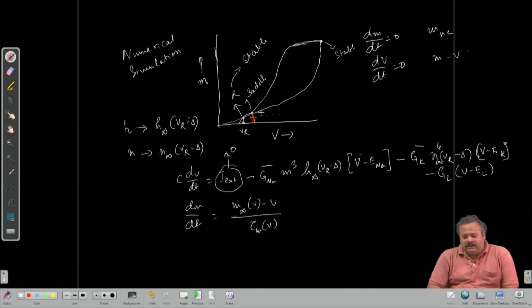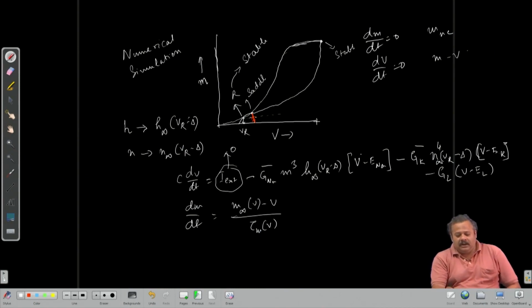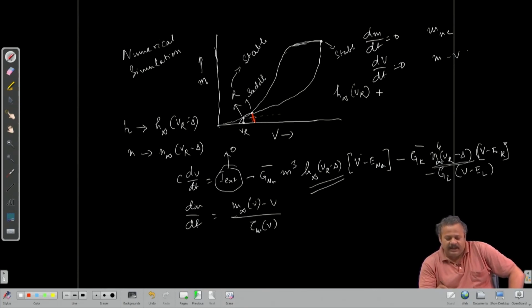Now the same phase plane can be plotted with these values of H and N. This was plotted with H infinity at VR as the H value and N infinity at VR as the N value.